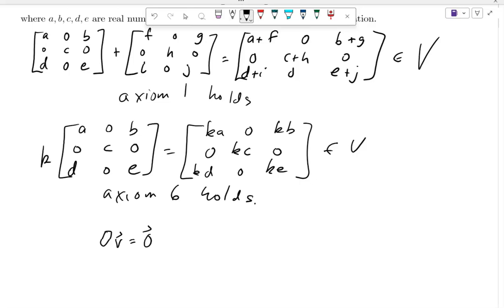I know that this was closed under scalar multiplication, right? What scalar could I use here then to make sure that the 0 vector is in there? What could I multiply the matrix by to make sure the 0 vector is in there? 0, good. What do you think -1 times a vector is going to end up being? Yeah, the negative, it's going to be the additive inverse, right?